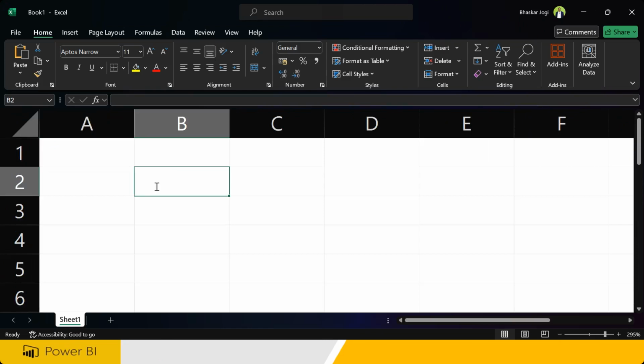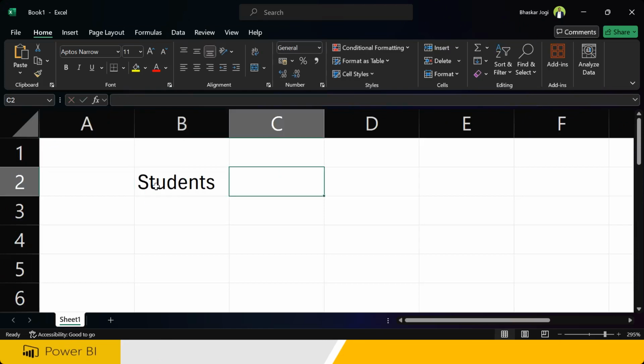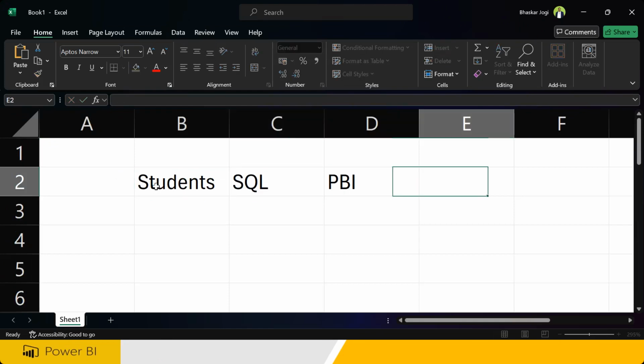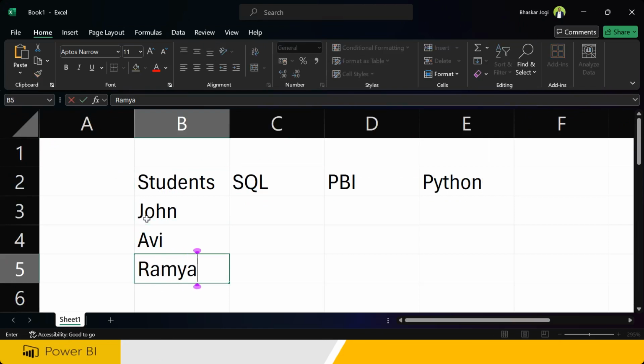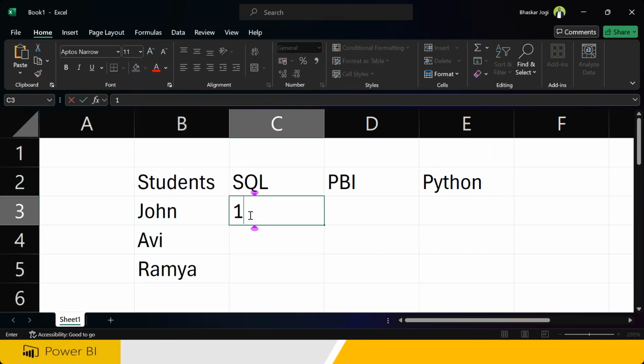So you have students here, right? And you have the subjects SQL, Power BI, and Python, right? So you'll say John, Avinash, and Ramya. You will be able to write the marks here.